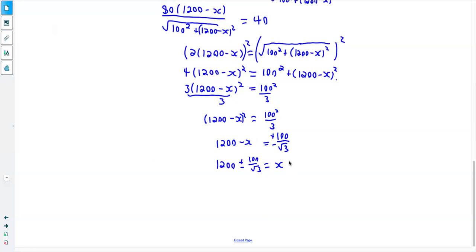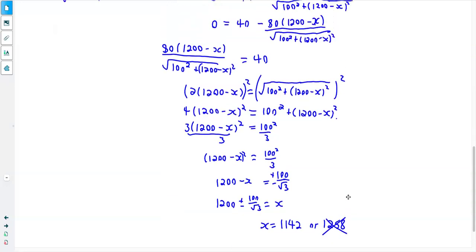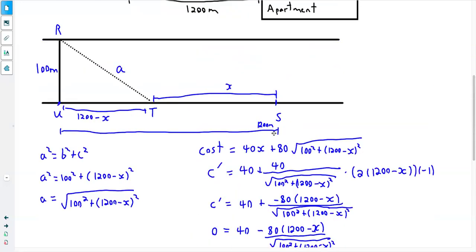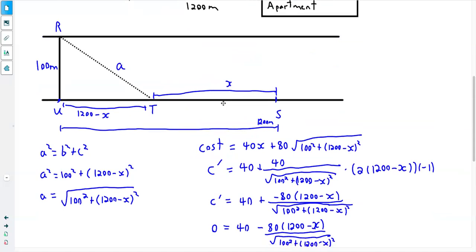Okay, so at this point, calculating two values, x gives us 1,142 or 1,258. Now, right away, we can get rid of one of these answers. We can get rid of this answer because if this was 1,200 meters, having an x value greater than that doesn't make sense.